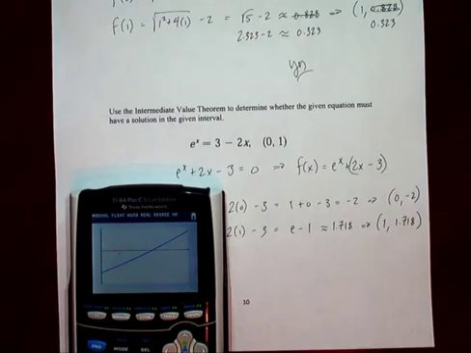Okay. Now you've got to remember that, could there have been 3 zeros between there? Sure. There could have been more than one, but you're guaranteed at least one because the outputs have changed sign. And if the outputs have changed sign, the outputs must go through all of the values between one and the other, and those values, of course, include the 0, and therefore it must cross the axis.